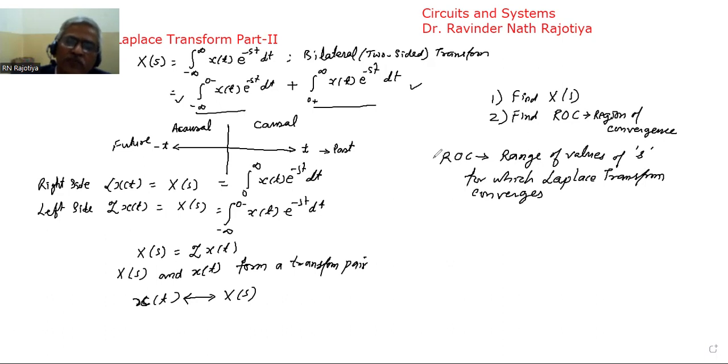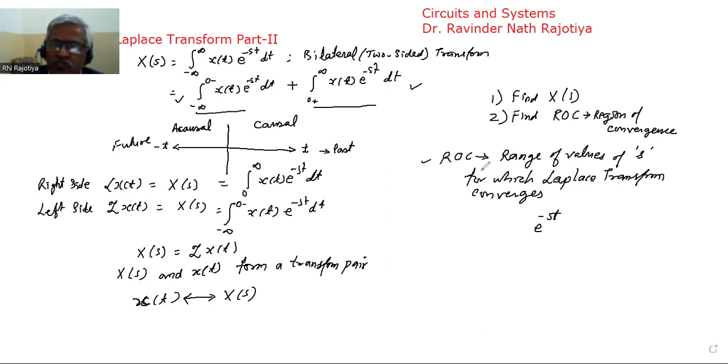And how will you find the ROC? We can find the ROC from the given solution. For example, let's say the solution of the given signal is something like e power of minus a s t.